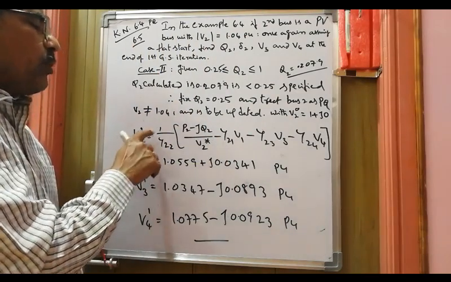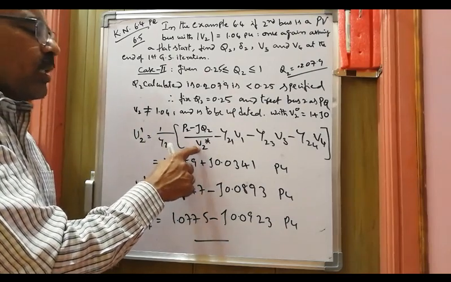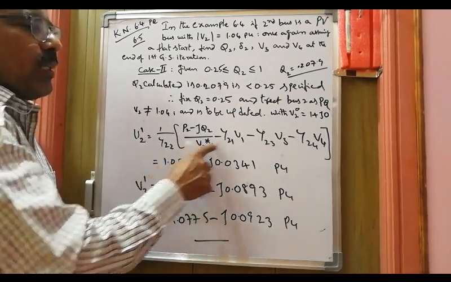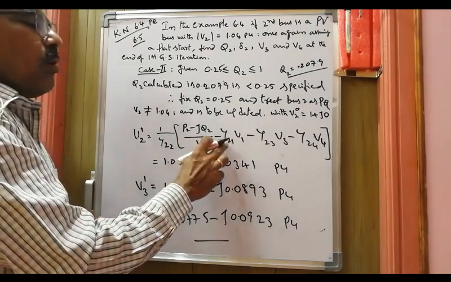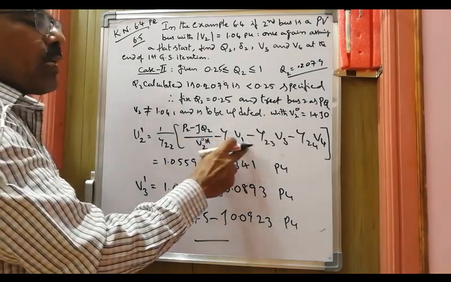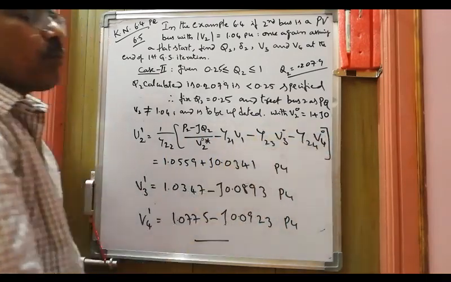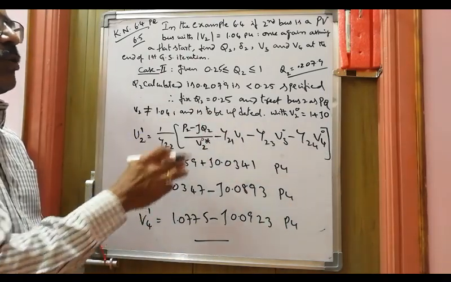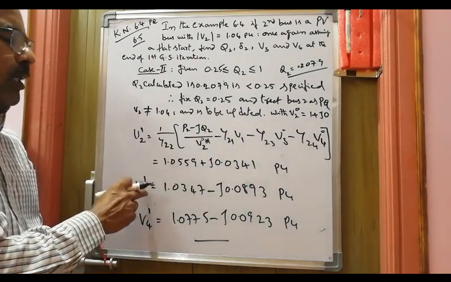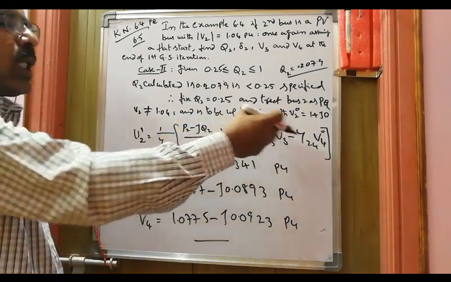So the latest value V2 is 1 by Y22, (P2 minus jQ2) by V2 conjugate, where V2 is to be taken from flat start, V2 0, minus Y21 V1 which is slack, Y23 V3, Y24 V4. Then V3 is 1 by Y33, (P3 minus jQ3) by V3 conjugate, and so on.